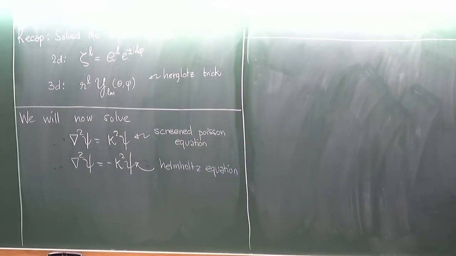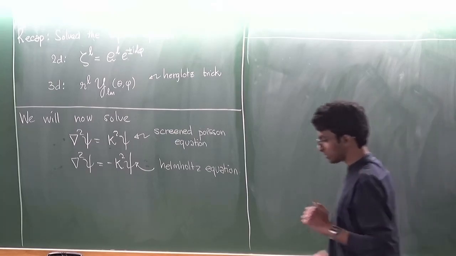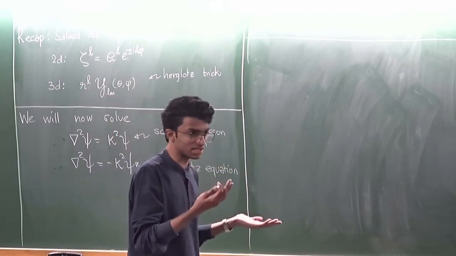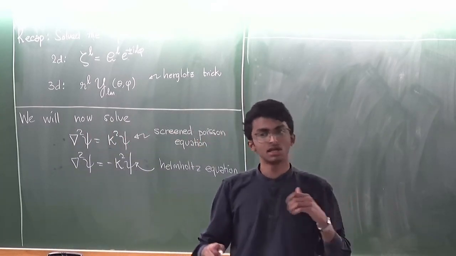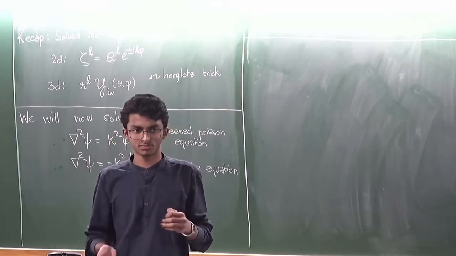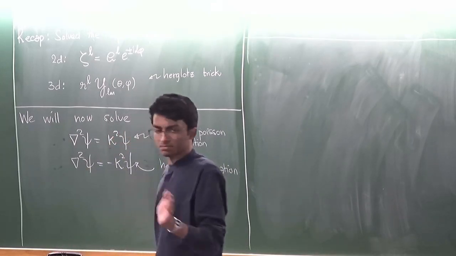So that's what I mean. And if you're doing it in higher dimensions, it basically means invariance under the higher dimensional sphere. If you're in R^d, if you're taking the d-dimensional Laplacian, spherical symmetry basically means that it's invariant under rotations of S^(d-1). That will become clear in a moment.